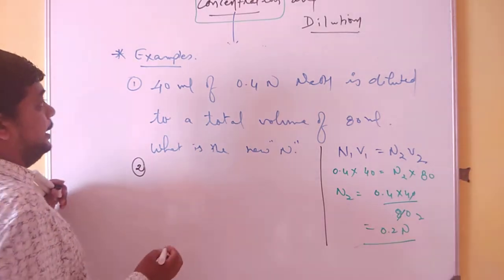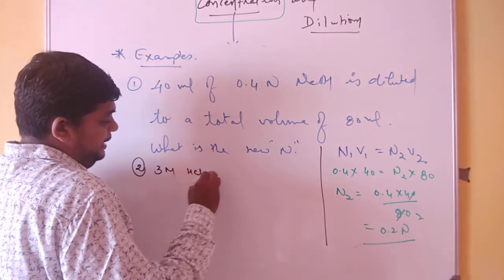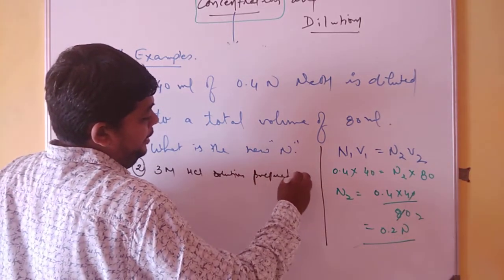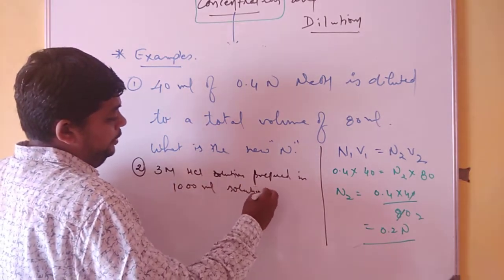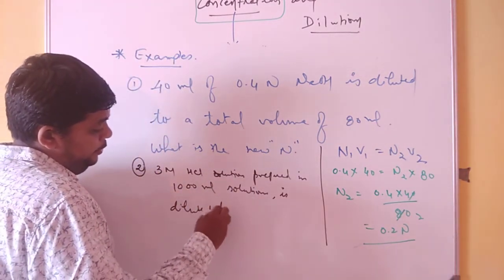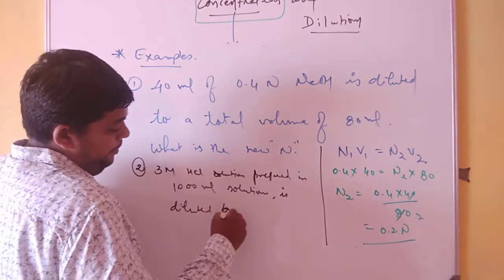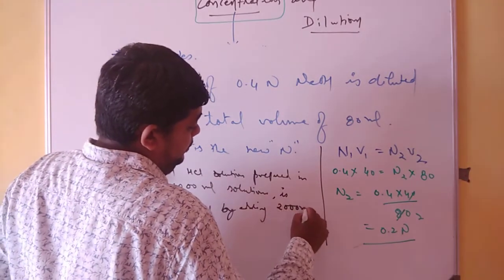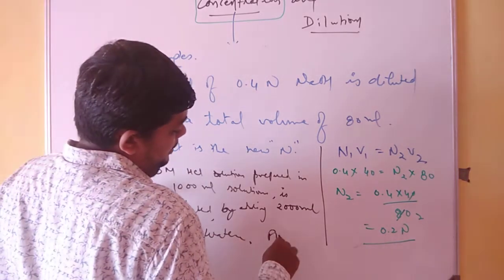The second question is something like this: 3 molar HCl solution prepared in 1000 ml solution is diluted by adding, because it will make a little difference in the question, 2000 ml of water. Find the concentration.